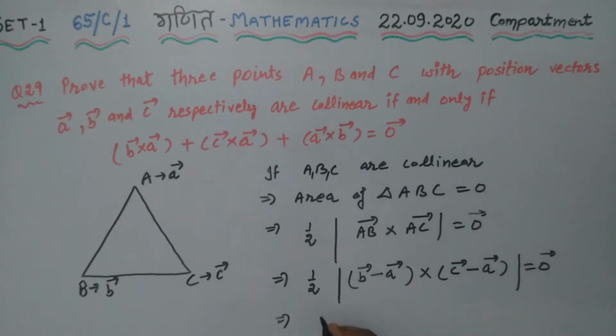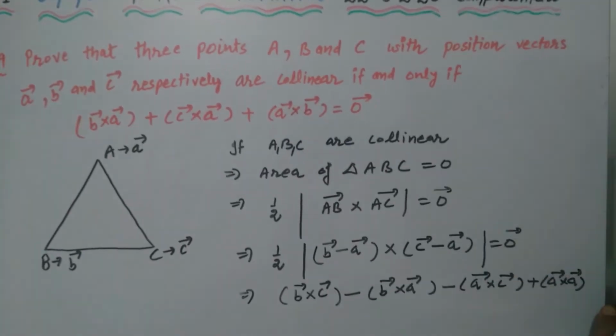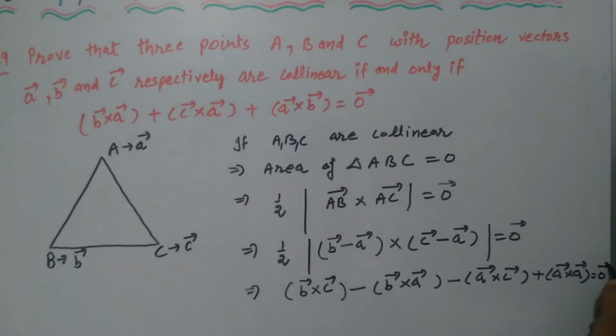So we can say we should have b cross c minus b cross a minus a cross c plus a cross a is equal to 0 vector.